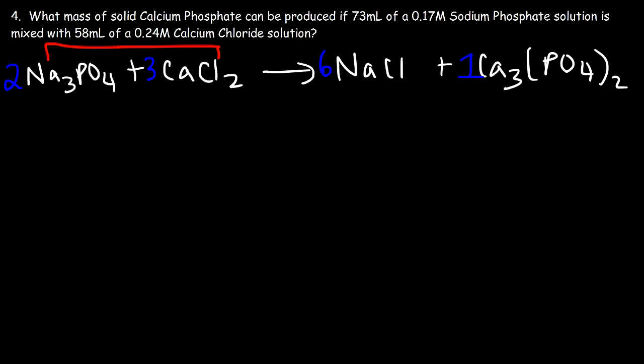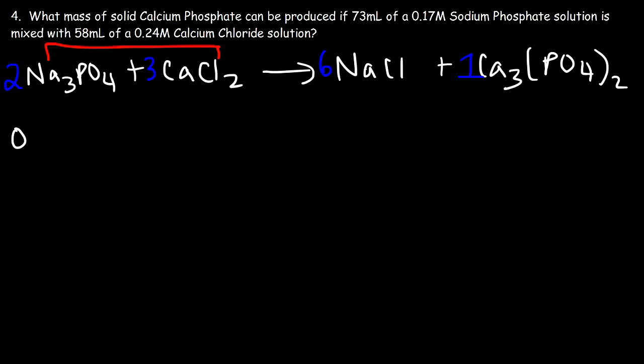Now let's start with sodium phosphate. Let's see how many grams of calcium phosphate can be produced if all of the sodium phosphate reacts in this chemical reaction. So this problem is going to be similar to number 3, but we're just going to follow that same process with each reactant.